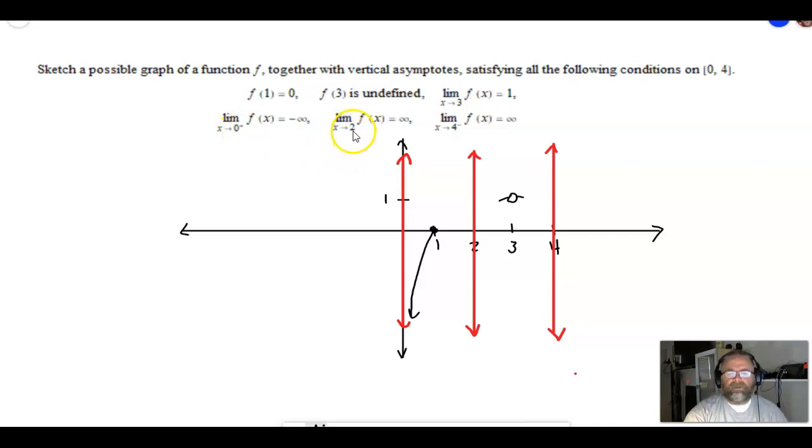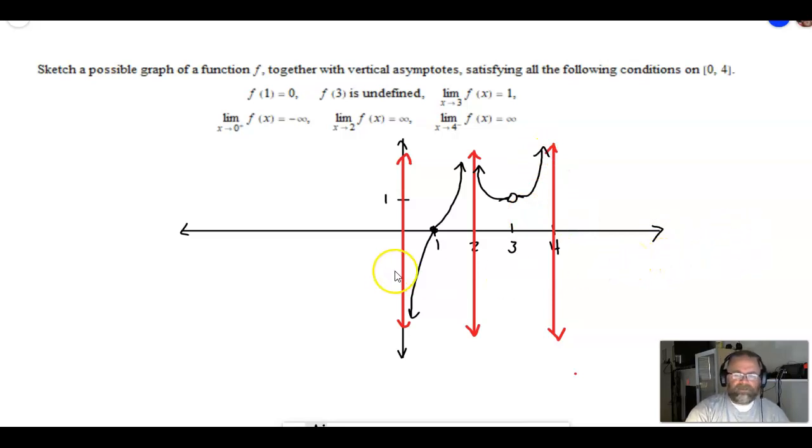From both sides, we're approaching positive infinity. So this can go up like this. And on this side, it has to go up like this, since this is a two-sided limit. And from 4 on the left-hand side, we're also approaching positive infinity. So this can go up there as well.